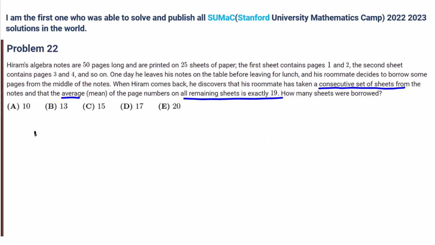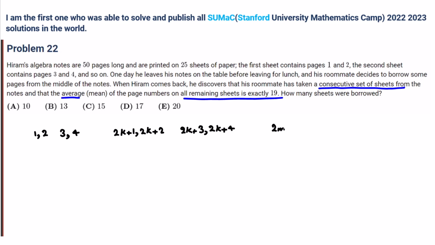So here, look, we have 1, 2, 3, 4, and so on. It says from some part means, for example, 2k plus 1, 2k plus 2, 2k plus 3, 2k plus 4, and so on.